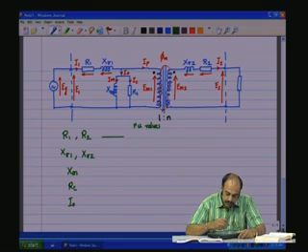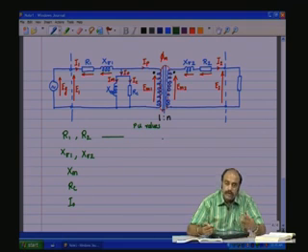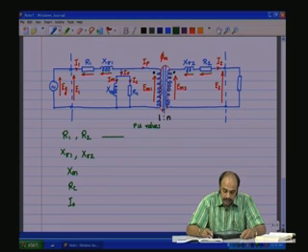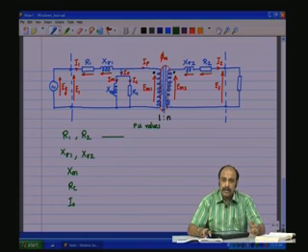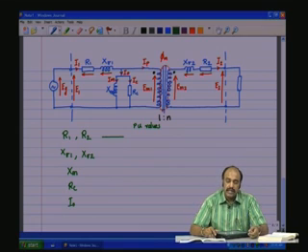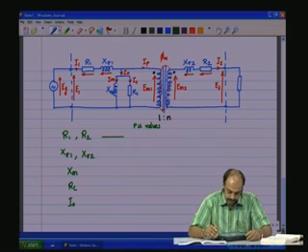Now, these per unit values are also dependent upon the VA rating of the transformer, but for a very wide range, right from 1 kVA to 100 mega VA, the per unit value change is not very much. The change in per unit values is a very small fraction. However, we can have typical values of these per unit values which will give us an idea of the order of the reactances and the resistances of typical transformers of that particular rating.